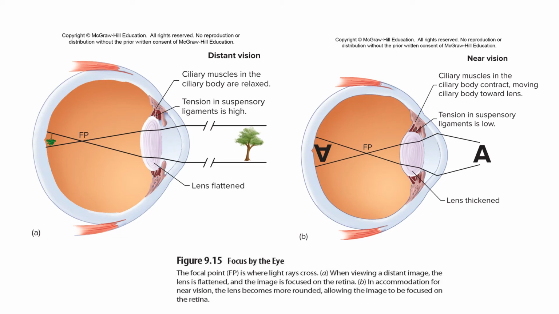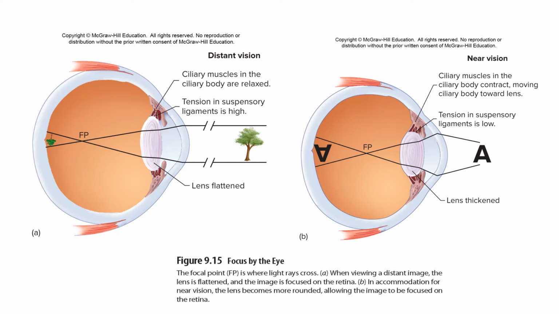Okay? And then for near vision naman, the ciliary muscles in the ciliary body contract, moving the ciliary body towards your lens. So the tension in the suspensory ligaments is low, and of course the lens is thickened. But then, kung mapapansin nyo, the focal point is medyo on the middle part of the eye. Okay? Compared to your distant vision na ang focal point eh medyo malayo, medyo nandun siya sa back of the eye.